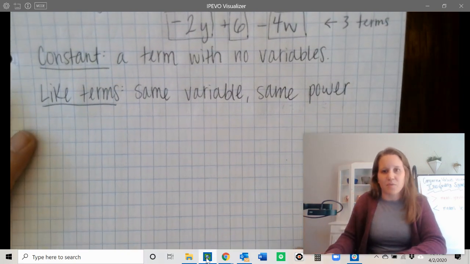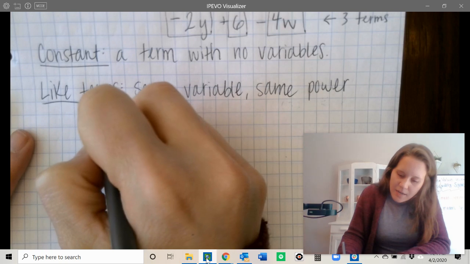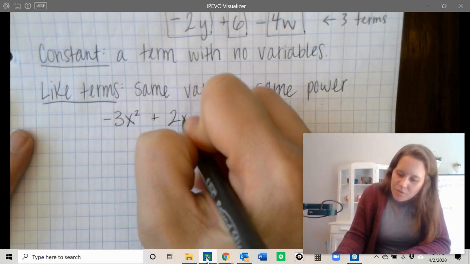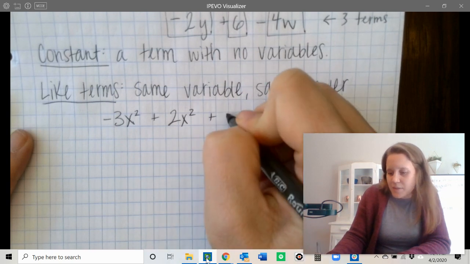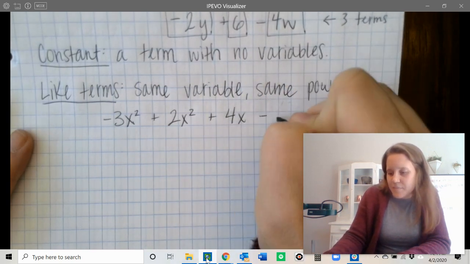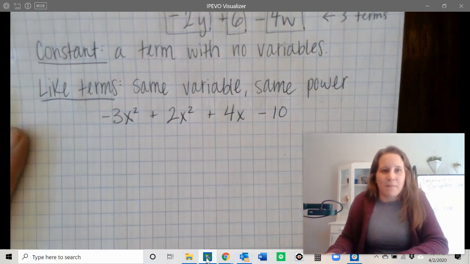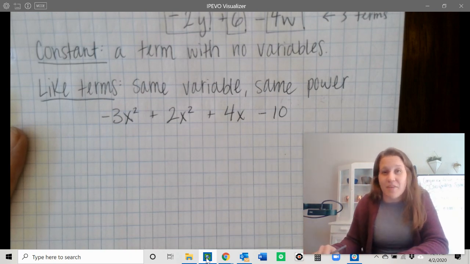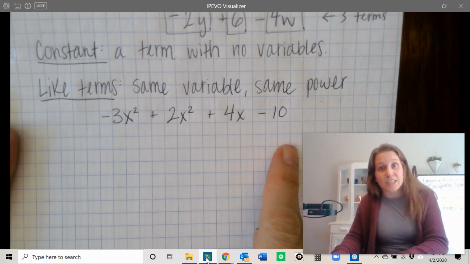So let's give an example with powers. How about negative 3x squared plus 2x squared plus 4x minus 10. If the instruction said combine like terms, the first thing I do is find which of these are the like terms.